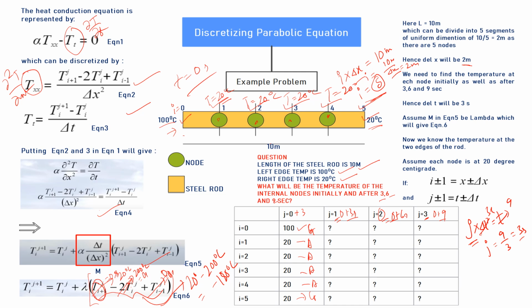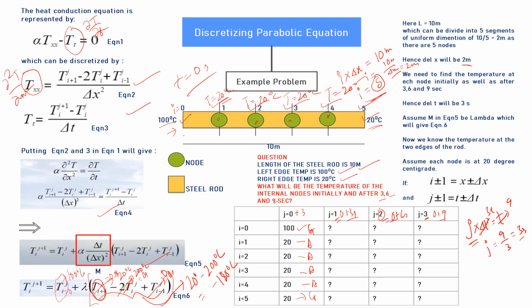Right? So here, now let us see this one. For this T i j, this is straight away 100 degrees centigrade, because at i equal to 0 and j is equal to 0 also. Right?